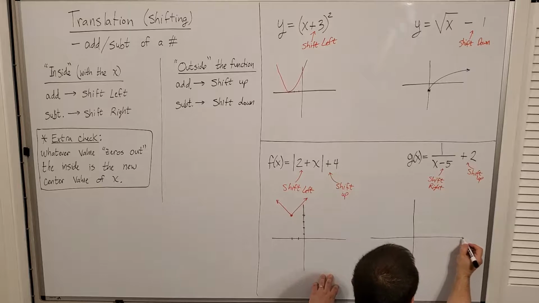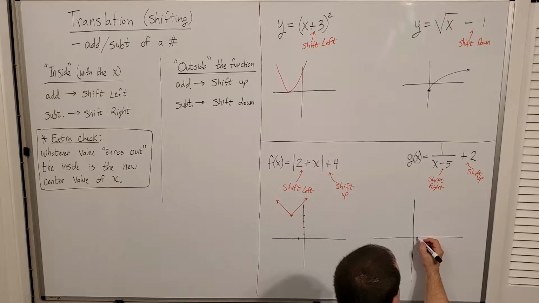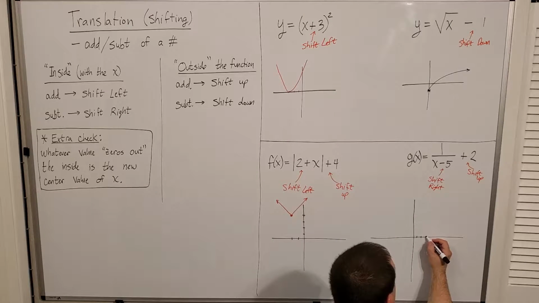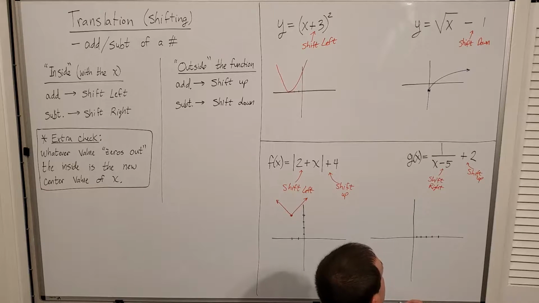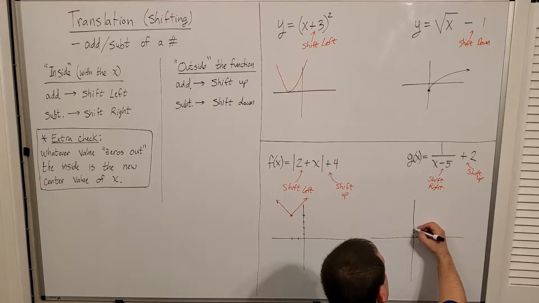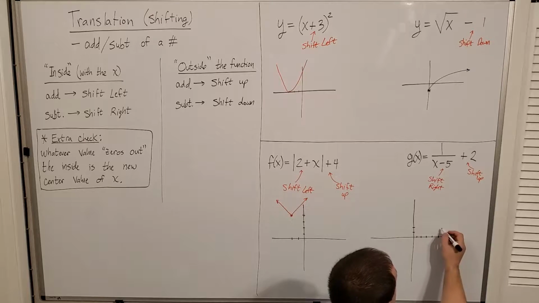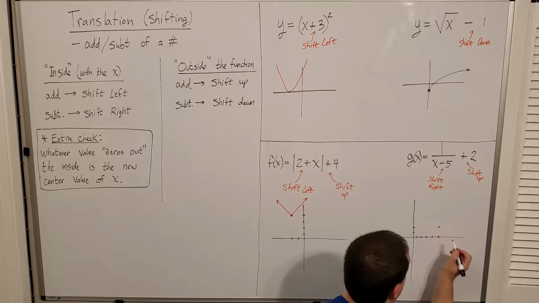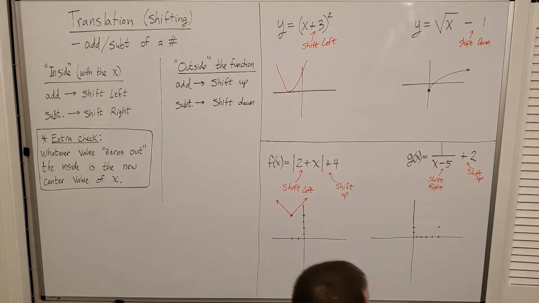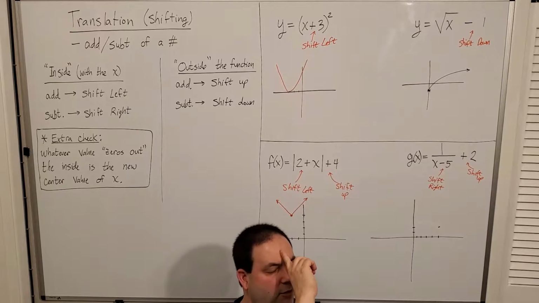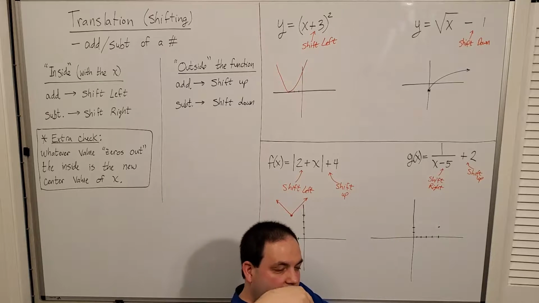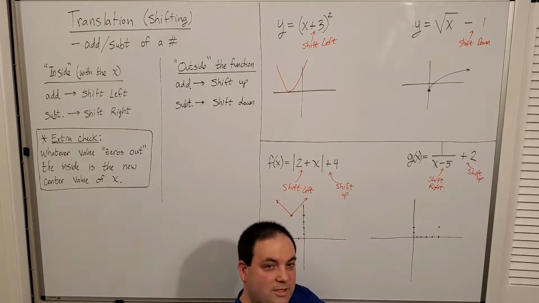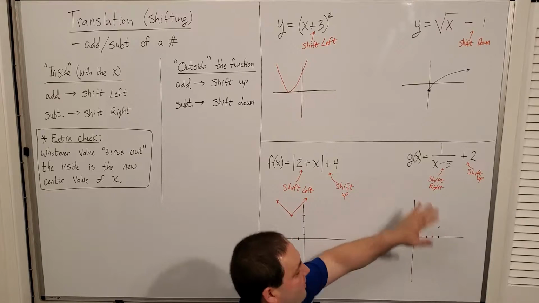So I've got my x and y axes, and it was shifted right 5 and up 2. Okay? So that's the center point right here, right? However, think about that baseball function shape for a second, or if you want, go rewind and come back to this moment. Did you do it? I guess you did do it, right?